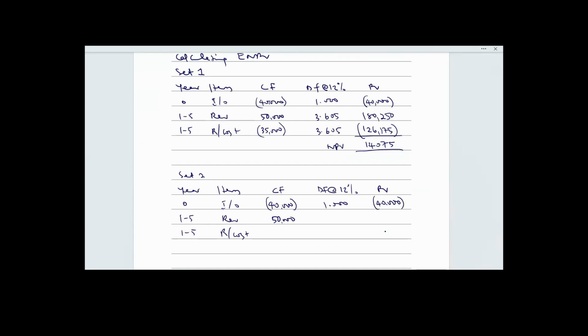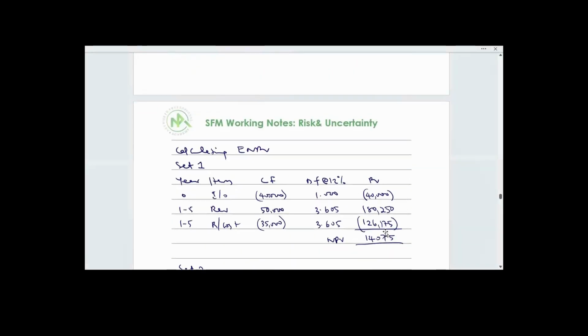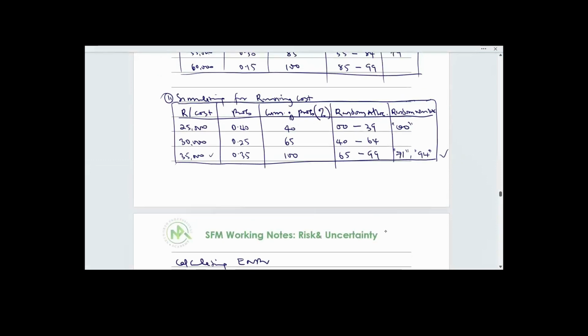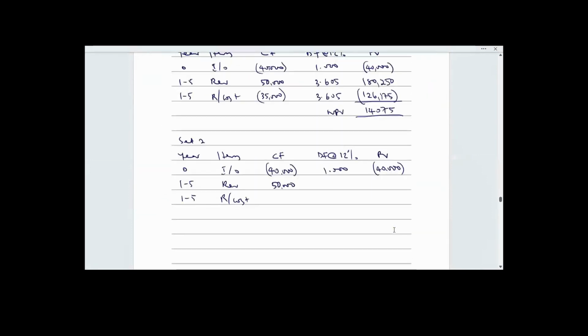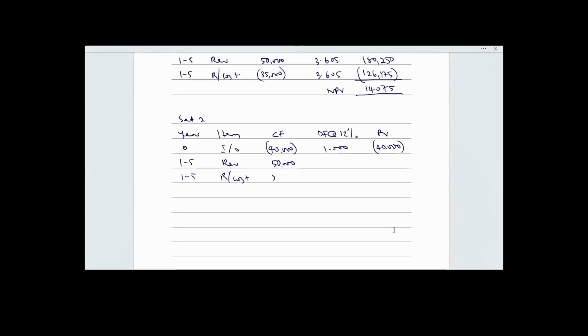So I'll do the same thing for running costs. Set 2. Random number for running costs is 00. So 00 is here. Then trace it to where you have running costs, which is 25,000. The factor is 3.605.